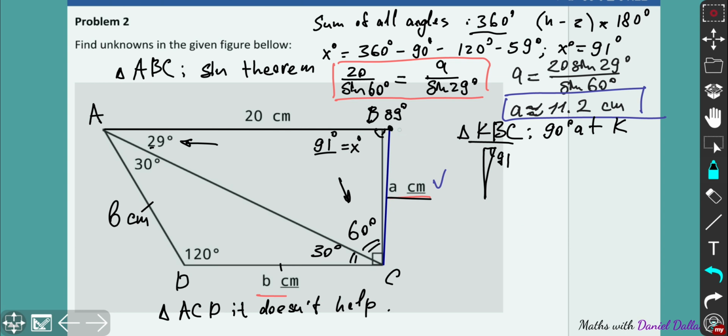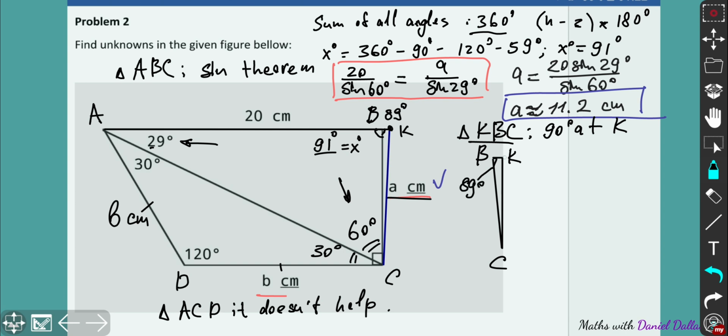And this point is K. So we will consider the small triangle. I will draw it not to scale, like this. That's going to be triangle CKB, with angle B to be 89. So this angle is 89 degrees.